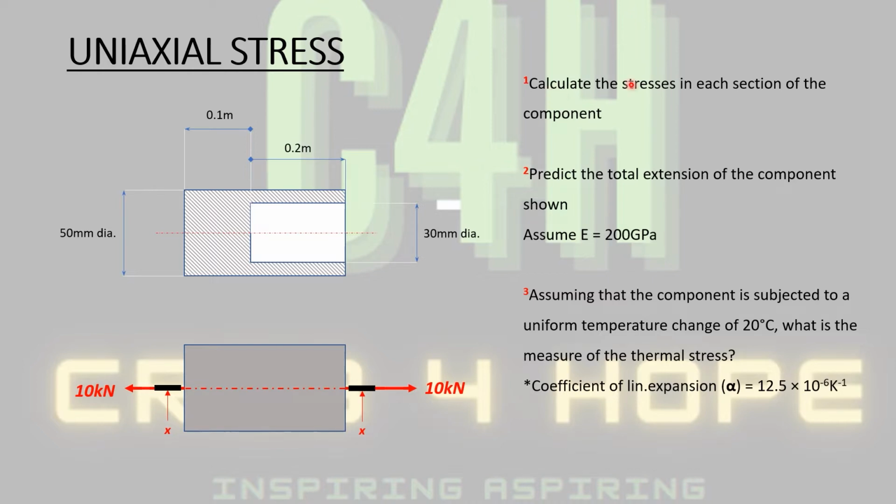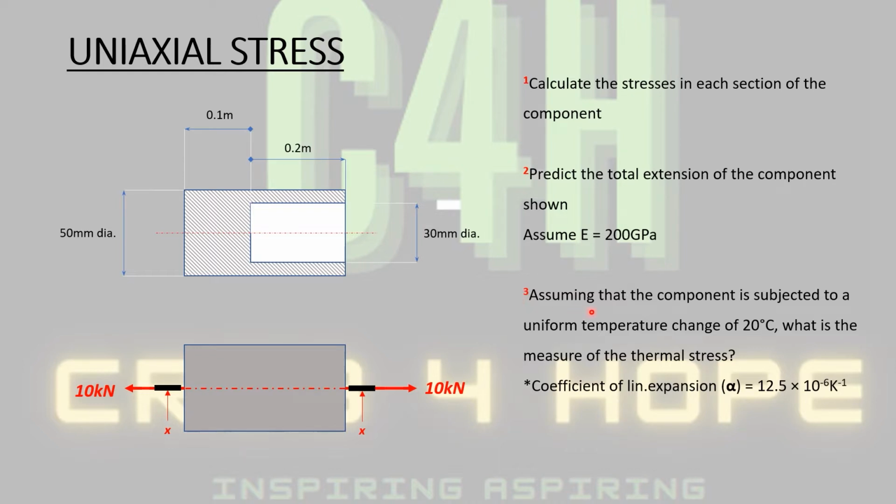We're being told to calculate the stresses in the section of the bar. We've also been told to predict the total extension due to the applied force, and to assume the Young's modulus, or the modulus of elasticity, E, to be equal to 200 GPa. And we've also been given a third challenge.